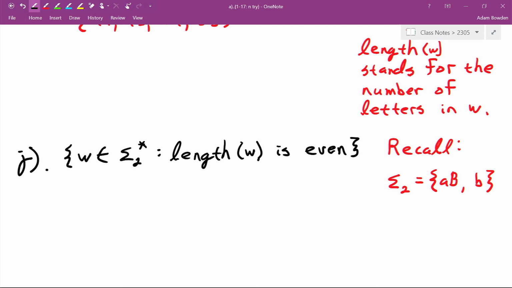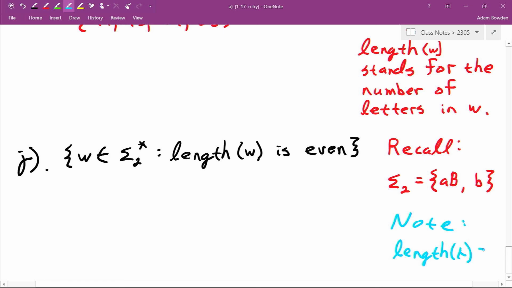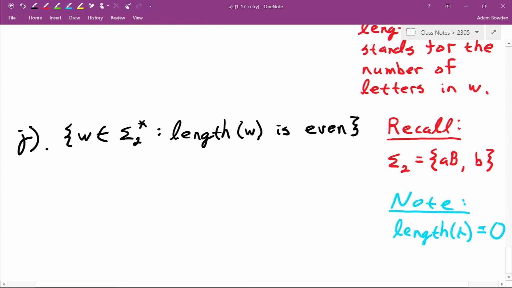The length being even means the length needs to be an even number such as 0, 2, 4, and so forth. We could make note over here that the length of lambda, which is again the empty word, is equal to 0. That's important for this discussion because 0 is an even number, so lambda has an even length.